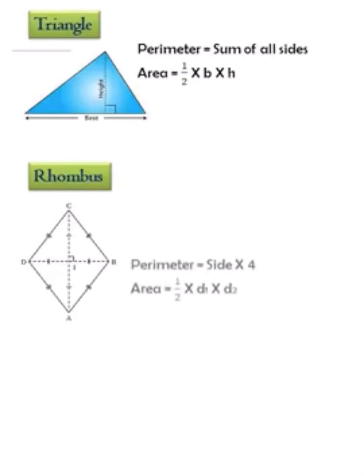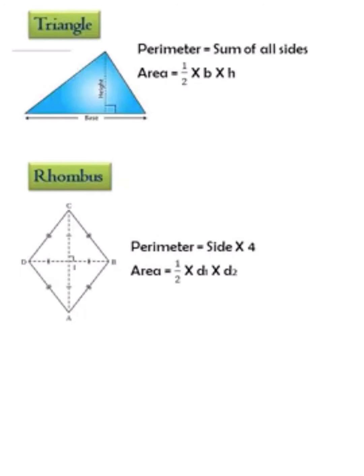Perimeter of the rhombus, like the perimeter of a square: side length by 4. And its area: half by d1 by d2, where d1 and d2 are the short diagonal and the long diagonal.